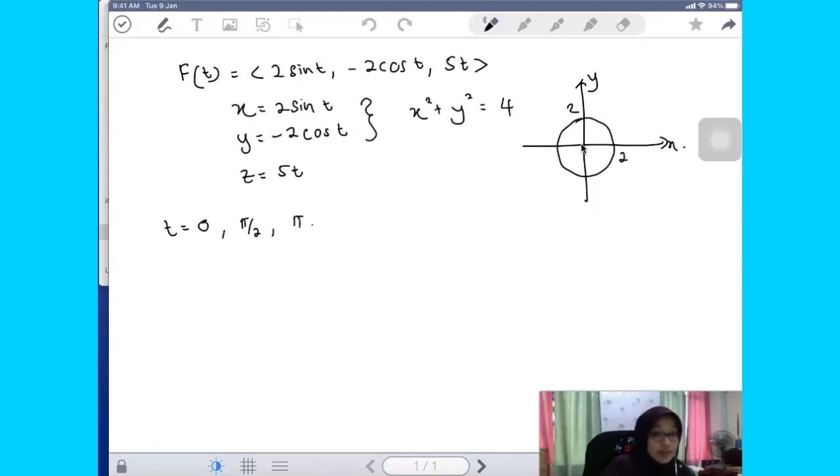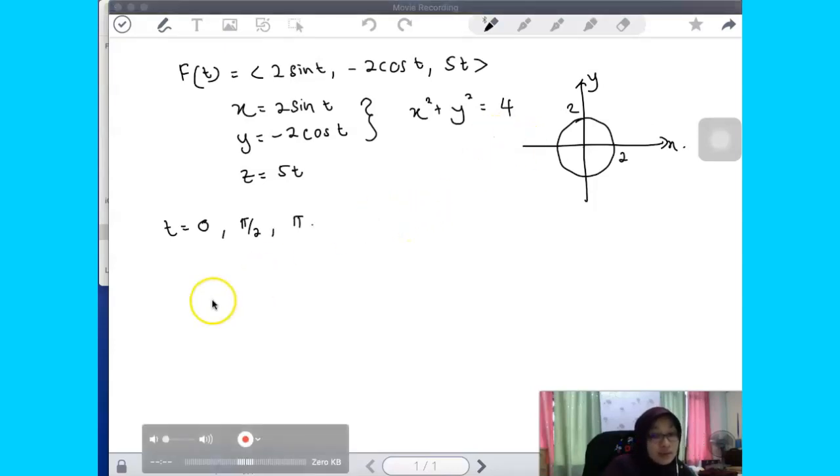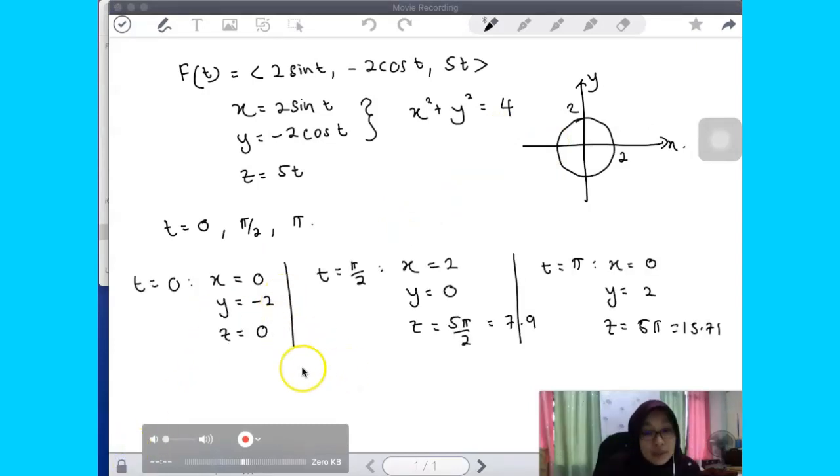Now we list down all the values of x and y. When we choose a specific t, these are the points that we have. You can see that the value of z changes with t. As you increase t, of course z is increasing.